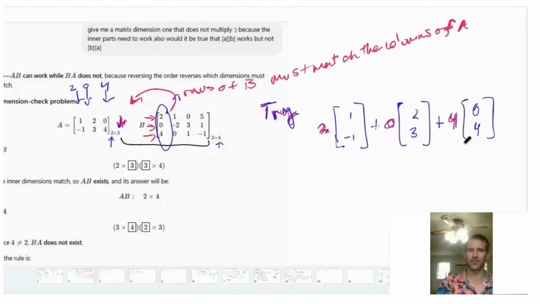So that's why I don't know how to explain that any clearer with all these numbers and tuples going on. But then if we do the math here, you've got 2 plus 0 plus 0, and then you've got -2 plus 0 plus 16, right? And so then my answer is going to be what?